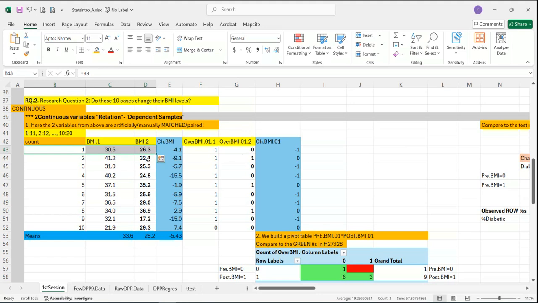This is supposed to answer two questions in a continuous manner, whether BMI increases or decreases over time overall for this entire sample of 10 people.